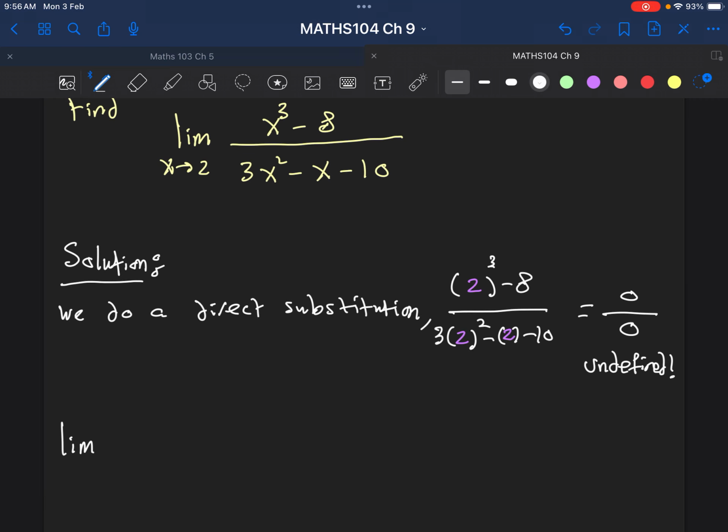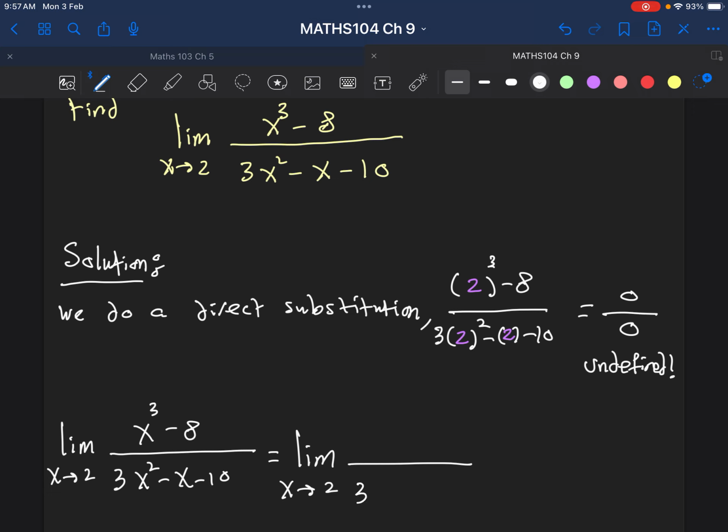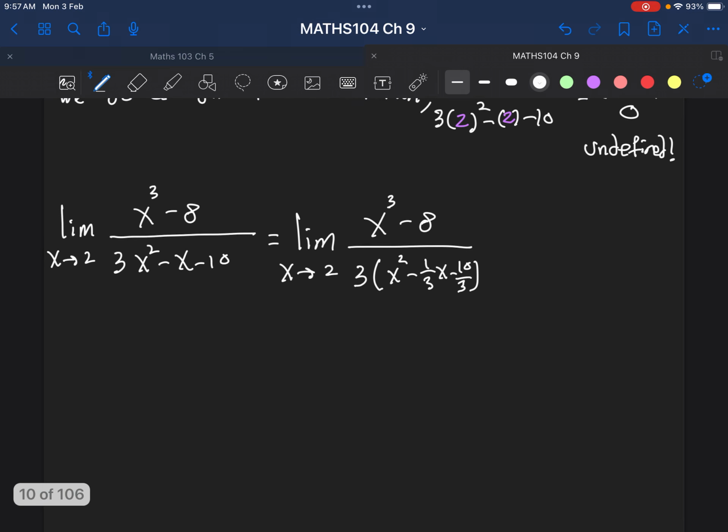So let me start factoring the denominator. Now, if you remember, to factor the denominator, we need to take 3 as common factor. So we get x squared minus 1/3x minus 10/3. Keep the numerator, we will deal with it in a minute.